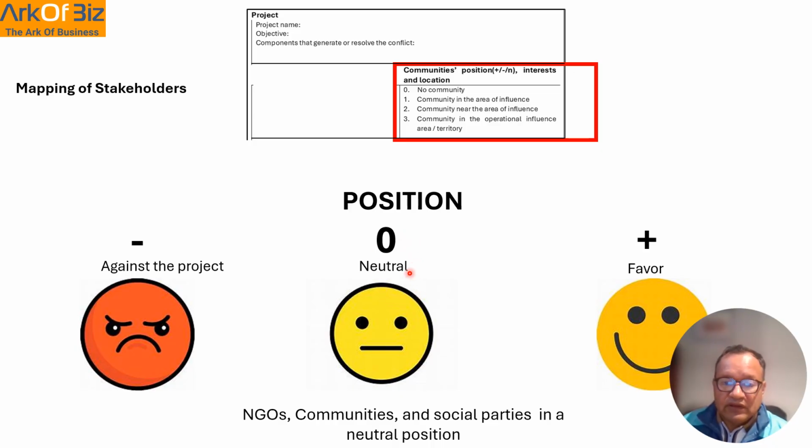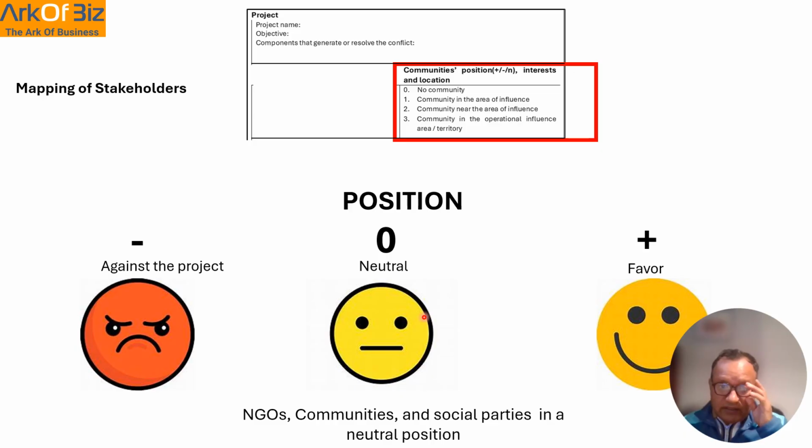For example, an NGO may be behind the conflict, but not directly confronting the company. These NGOs usually support communities through activities like legal assistance, training, raising awareness about human rights, and so on. Even though they are not on the front line of the conflict, they still play an important supporting role.